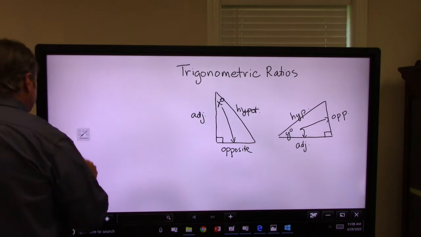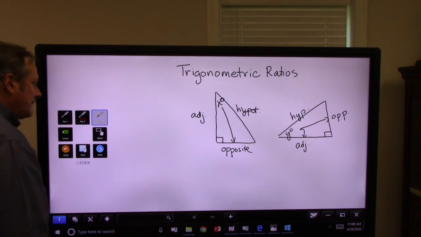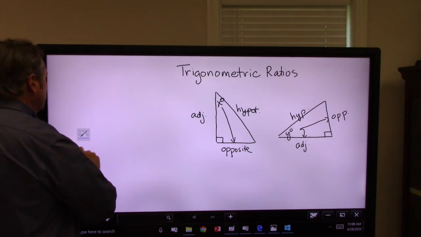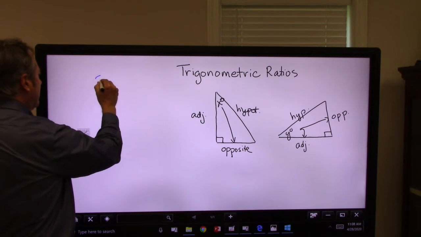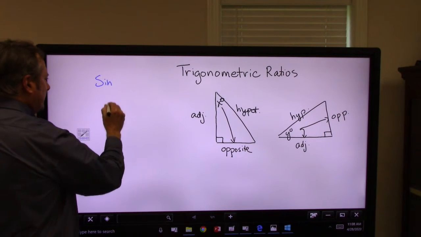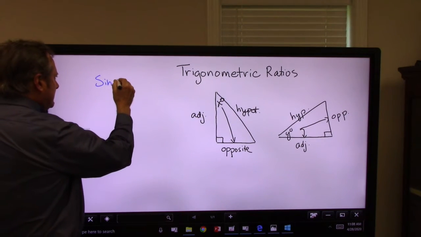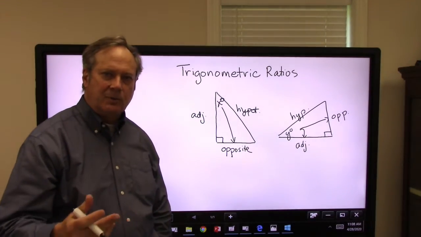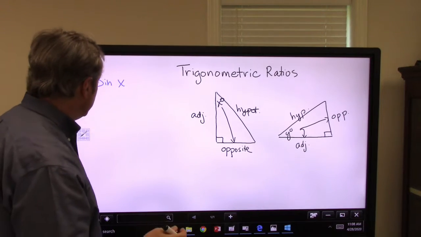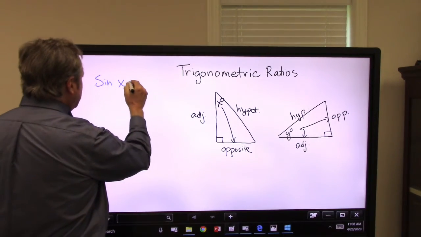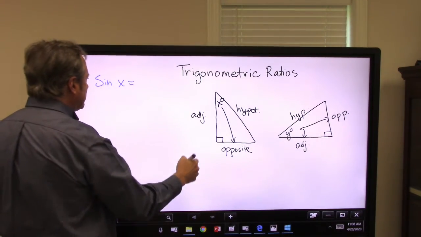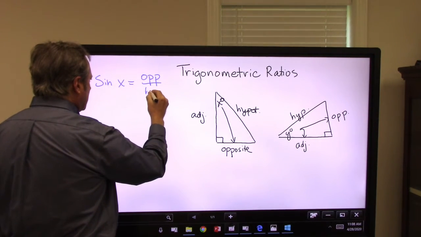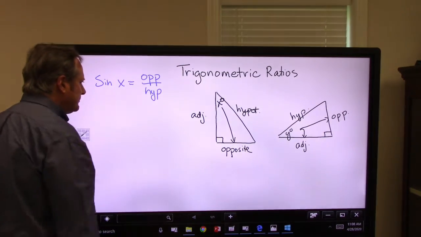Now, let me change colors here. In terms of these ratios, we have what's called the sine of an angle. Again, don't worry about where the name came from. I don't even really know. But the sine relationship of any angle in this right triangle is always going to be the opposite side over the hypotenuse.